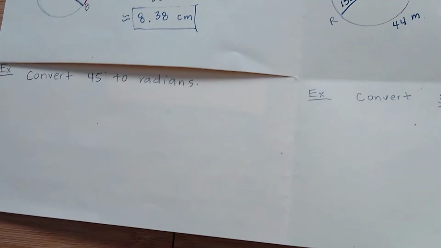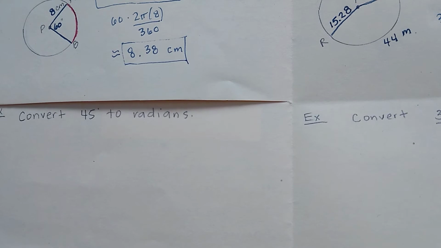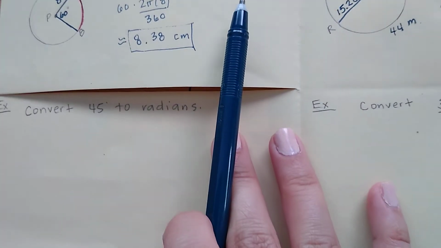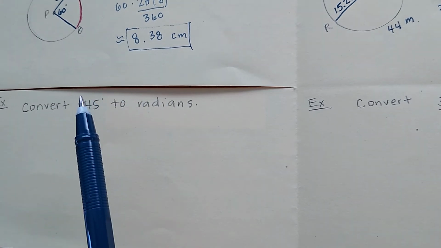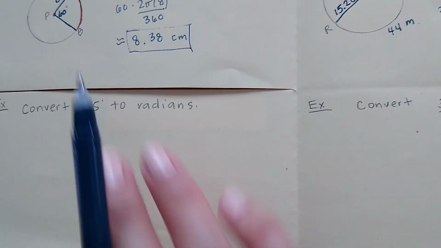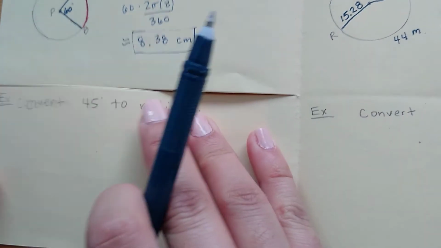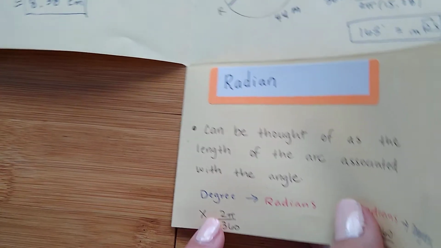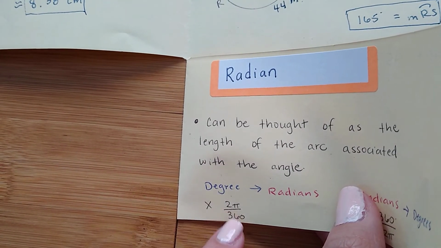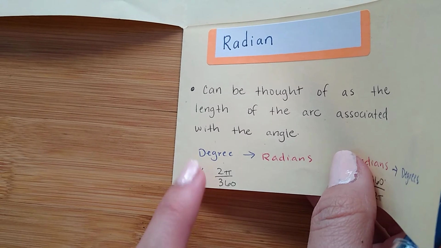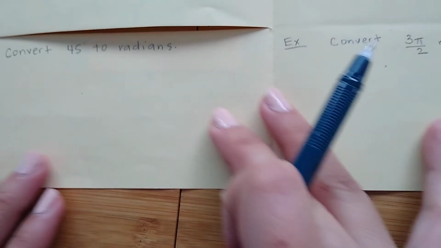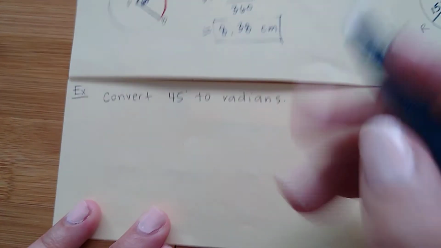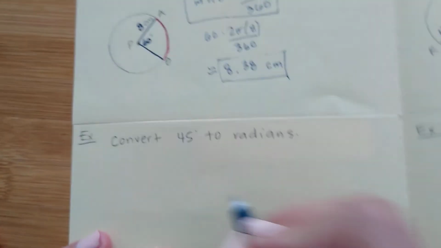So this one says convert 45 degrees to radians. I'm going to multiply it by 2 pi over 360, or I can reduce it and it's going to be pi over 180, since we prefer to be working with smaller numbers.